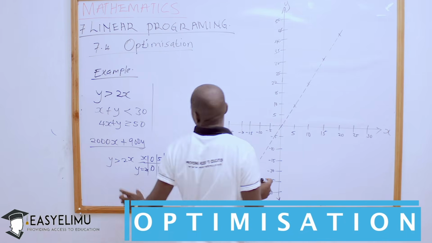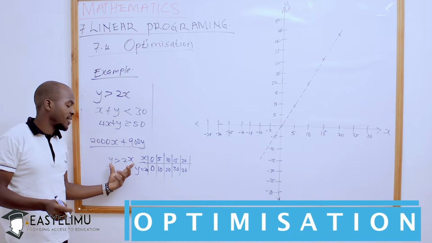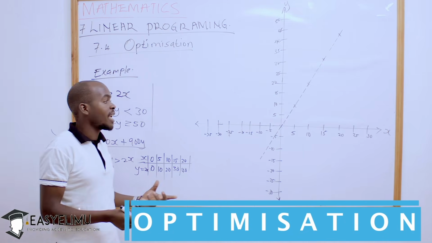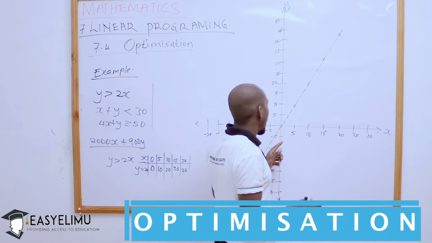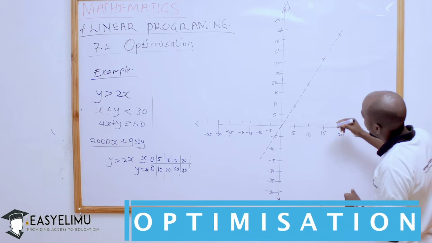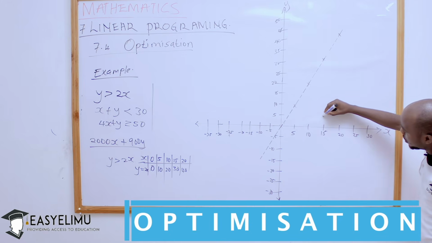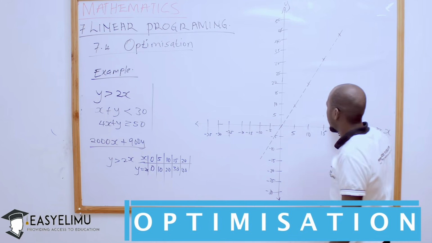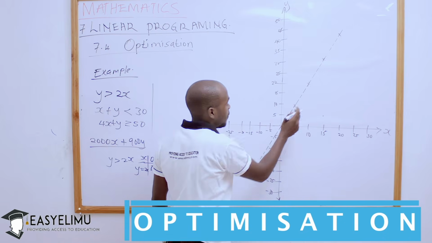To identify which side is y greater than 2x, you select any point. For example, I may select a point on this side here, which is 15, 5.